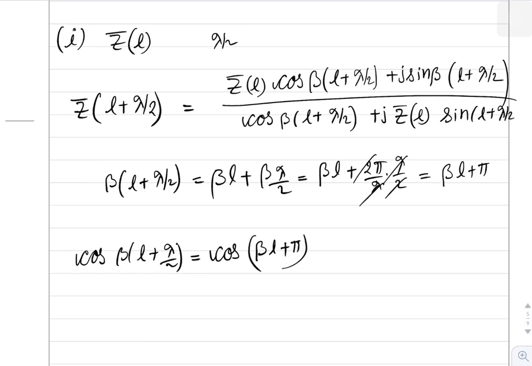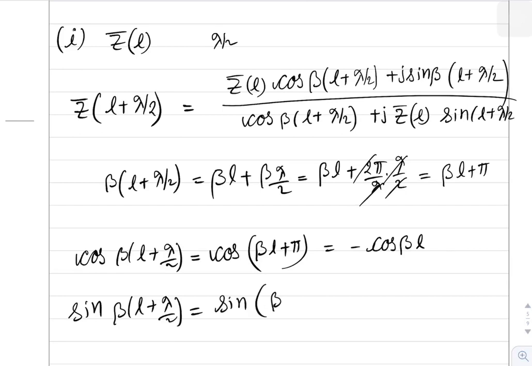Cos of pi plus theta is nothing but minus cos theta, therefore I can write it as minus cos beta L. Similarly, sin of beta times L plus lambda by 2 is sin of beta L plus pi. Sin of pi plus theta gives you minus sin of theta, therefore minus sin of beta L.